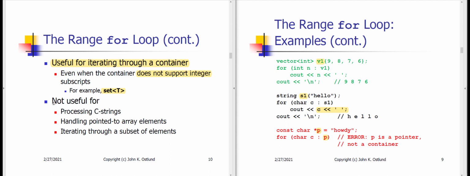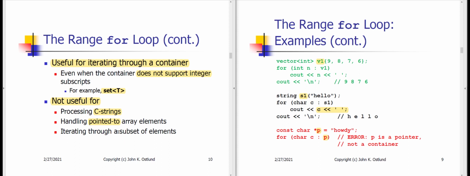But range for loops are not at all useful for dealing with C strings, where the end of the C string is marked by a null character. The range for loop doesn't understand about looking for that null character at the end. And we can't use the range for loop to deal with anything that we have a pointer to.